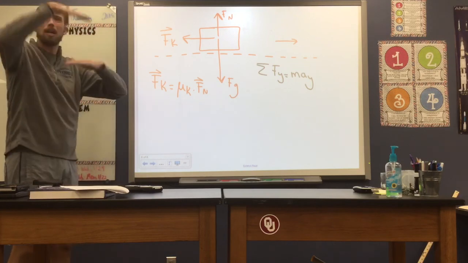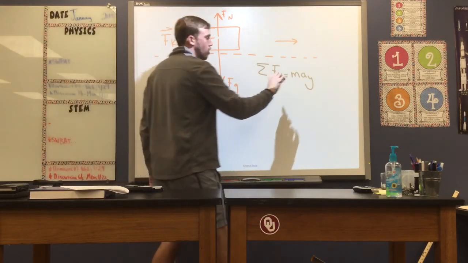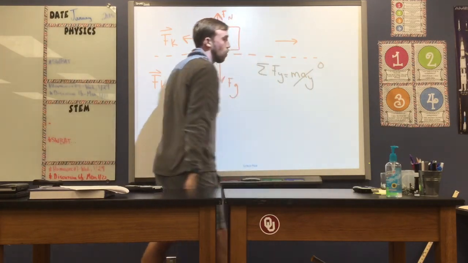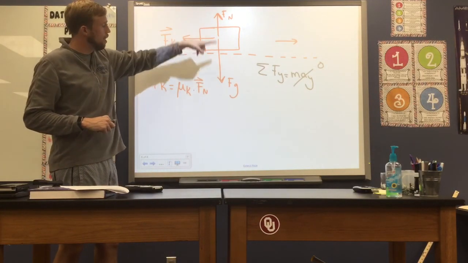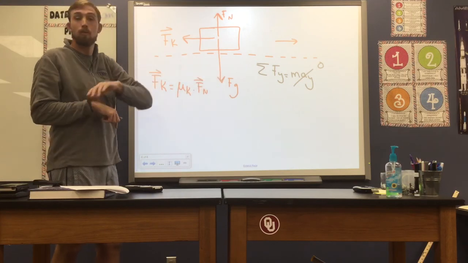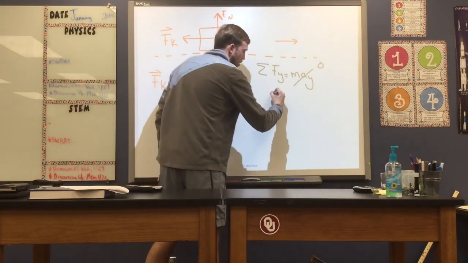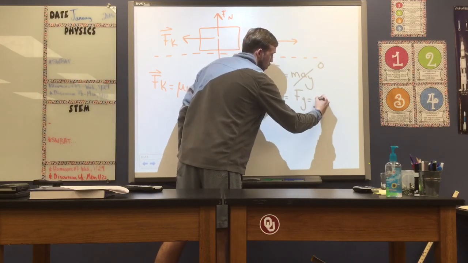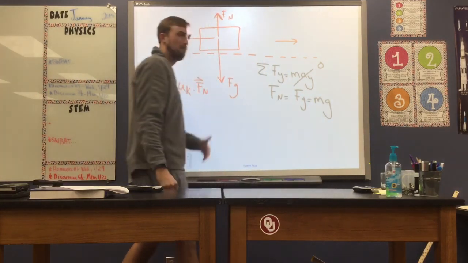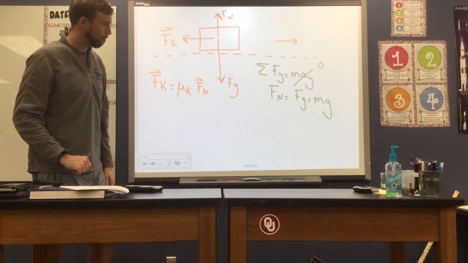And if we do, we're not really moving up or down here, so we can assume we have no acceleration in the y direction. And what that tells us is that if we're not accelerating, these two forces, normal force and force of gravity, have to be equal. So Fn is equal to Fg, which we know our force of gravity is just mass times gravity.